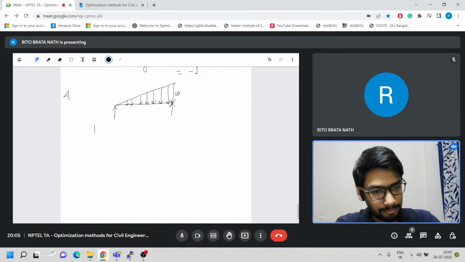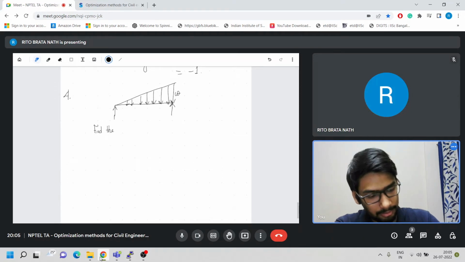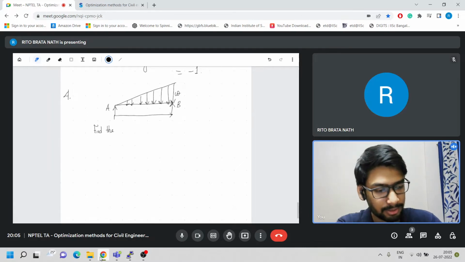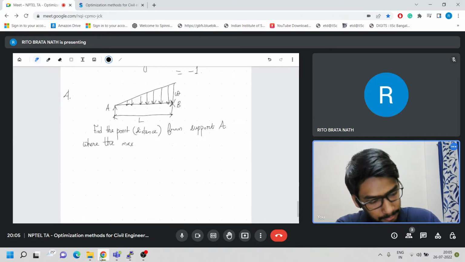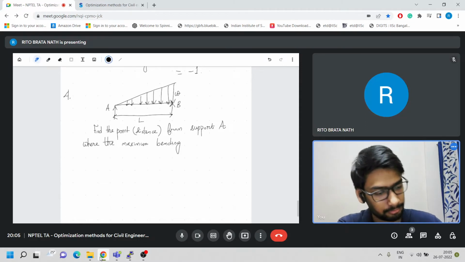So the question is to find, suppose I name it as point A and this is point B and the length of this is L. Find the distance from support A where the maximum bending moment occurs.